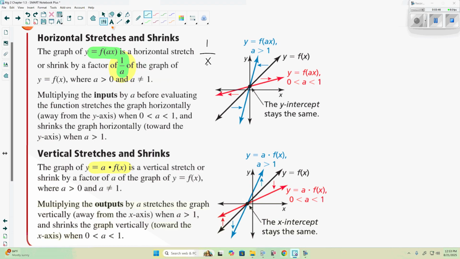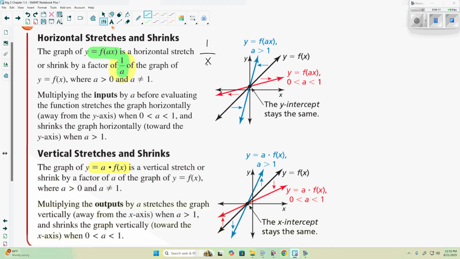If it tells us it's a vertical shrink of 2, we plug it in as 1 over 2. If they tell us it's a vertical stretch of 2/5, I have to flip it, it goes in as 5/2. Does that make sense? Because it's 1 over whatever the amount they tell us.